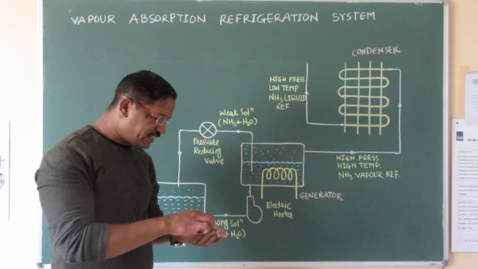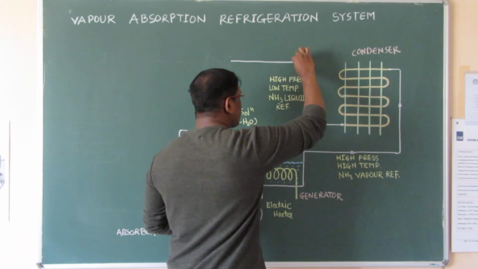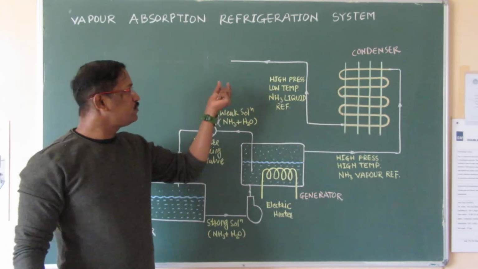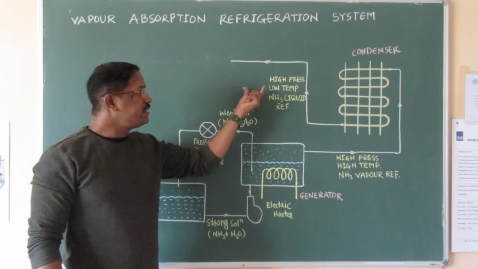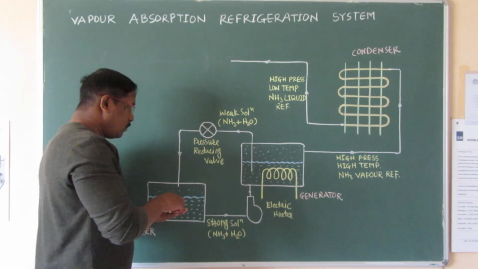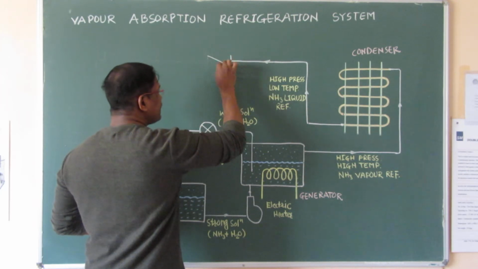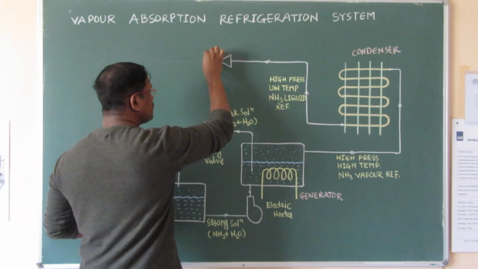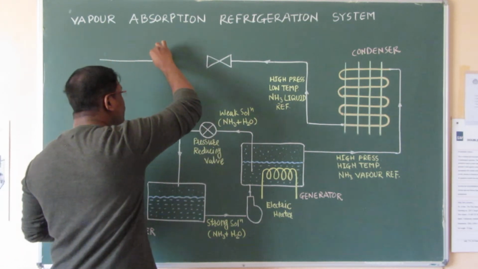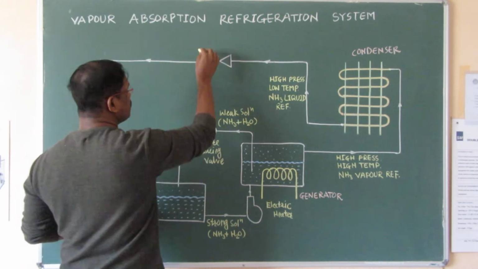This liquid refrigerant is then passed through the expansion valve, where there is a restricted area, and during passing through that restricted area it loses its pressure because pressure is utilized to overcome the friction. So we have to pass this high pressure liquid refrigerant through this throttle valve or expansion valve so that its pressure gets reduced. This is an expansion valve or throttle valve.